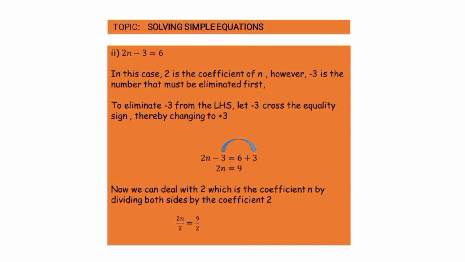If you divide both sides by 2, you are going to have 2n over 2 equals 9 over 2. And 9 over 2 equals 4.5, or 4 and 1 over 2. I believe with these two examples, if you see equations of this form, you won't have issues solving them.